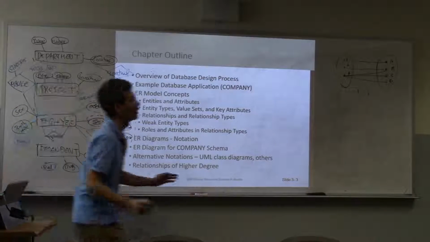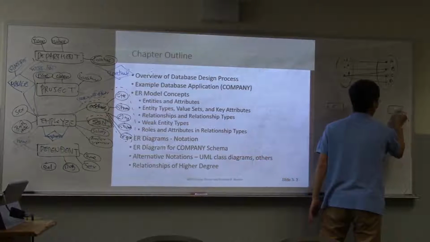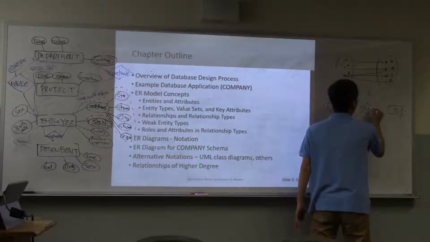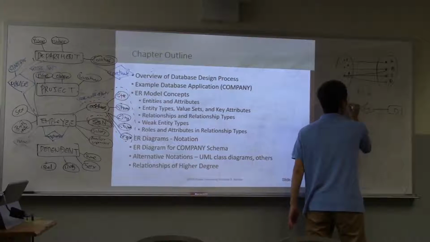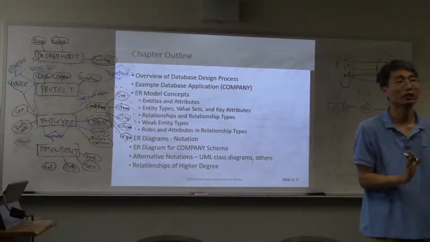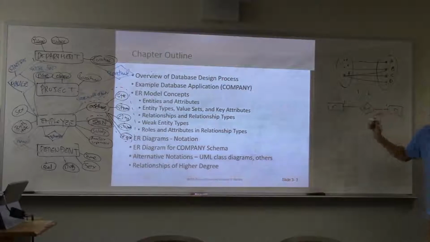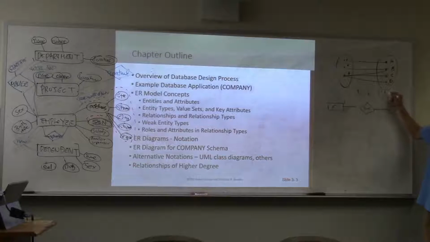At that time, we will use entity, relationship, one-to-one. So we specify the cardinality. It's called the cardinality. Cardinality of the relationship. One-to-one. Or one-to-many, many-to-one, or many-to-many.